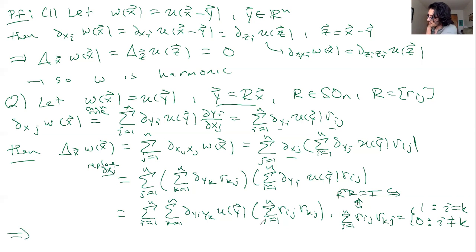Okay, so when i equals k, it's going to be 1, it's going to be 0 otherwise.